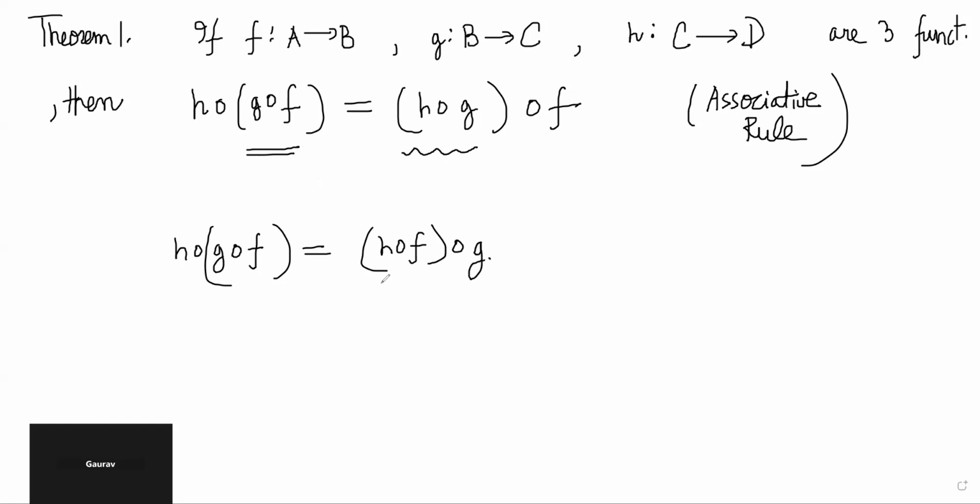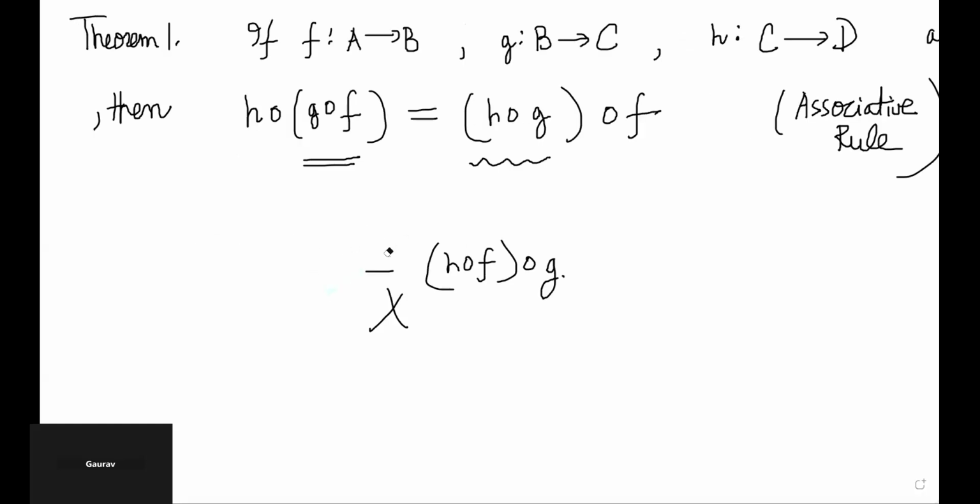That's wrong. As long as the order is same, the bracket positioning doesn't matter. You can take any three random functions and see what is coming for HOGOF and what is coming for HOG composition with F.